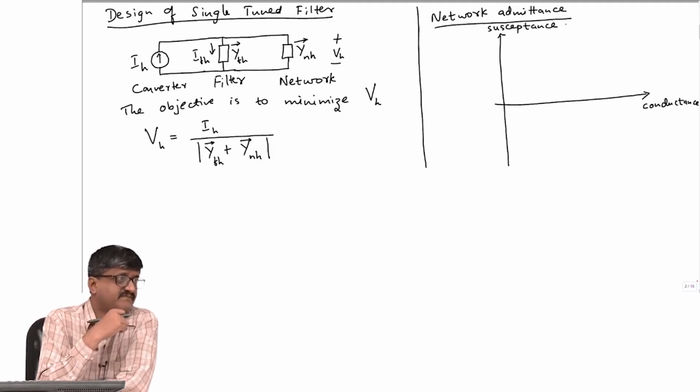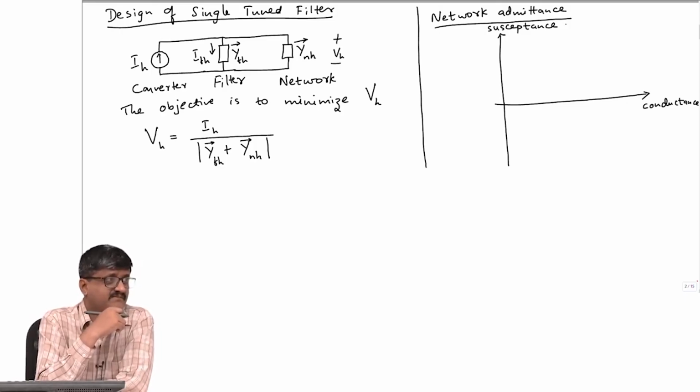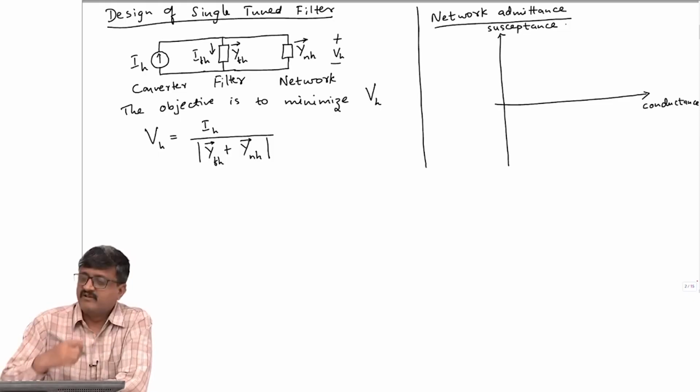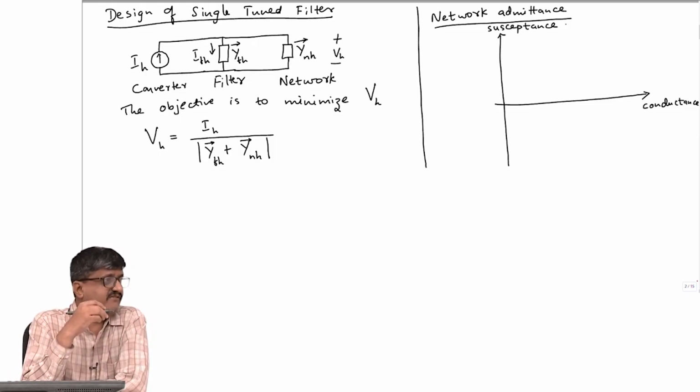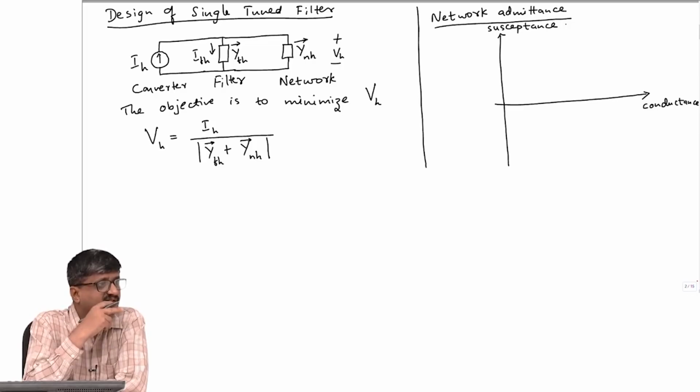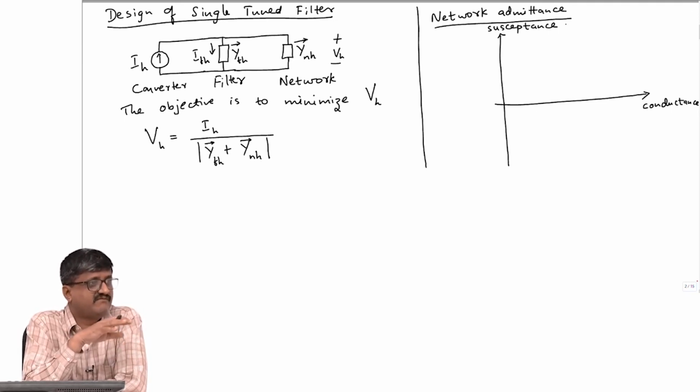First and fourth, because conductance is positive. Now, susceptance can be positive or negative. Now, why? If it is only inductive, then it will lie in the fourth quadrant. But the network consists of transmission lines and transformers.